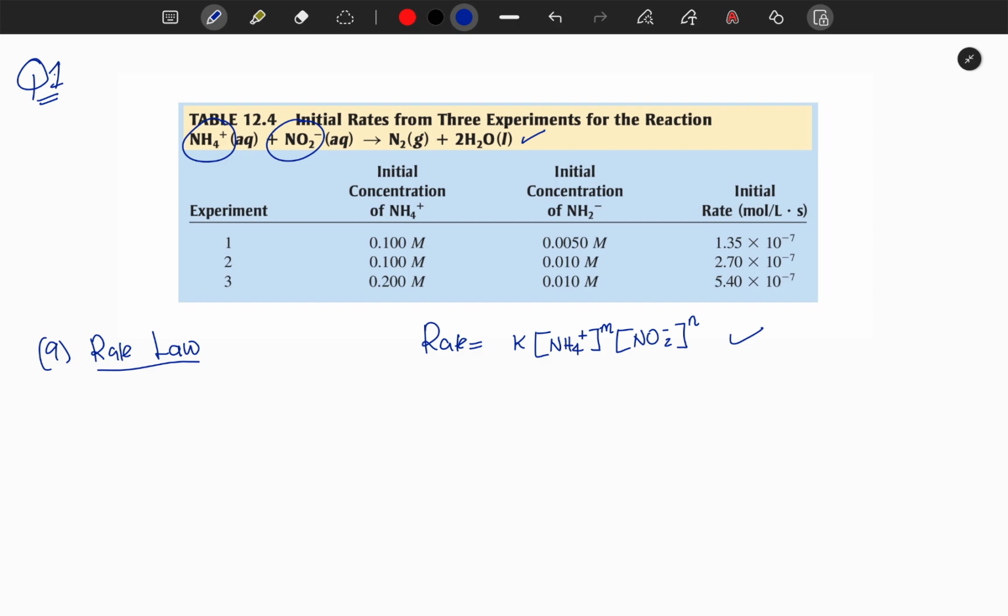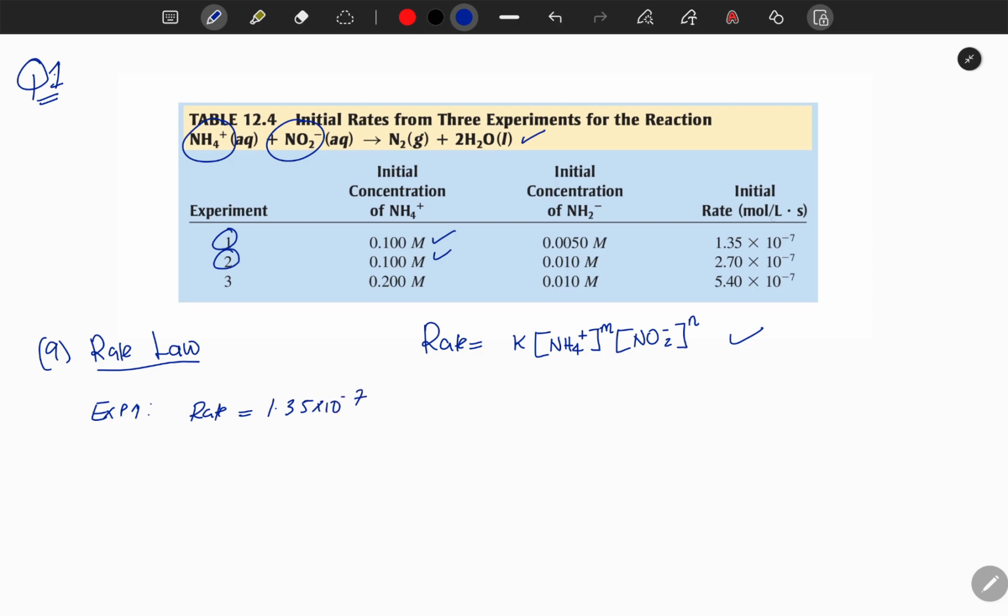Follow me. We can take experiment 1 and experiment 2. Why? Because these 2 are equal, so at the end of the day they are going to cancel. From experiment 1, our initial rate is 1.35 multiplied by 10 to the power negative 7.